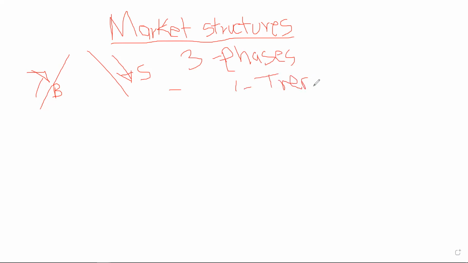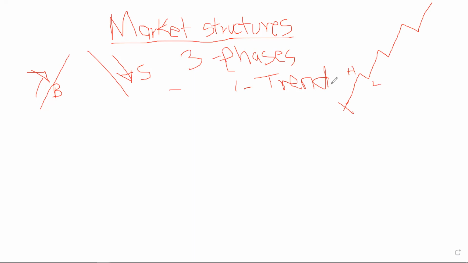Trending phase means the market is going up and up and up like that. If this is point X, then this can be a high, and this is a low.